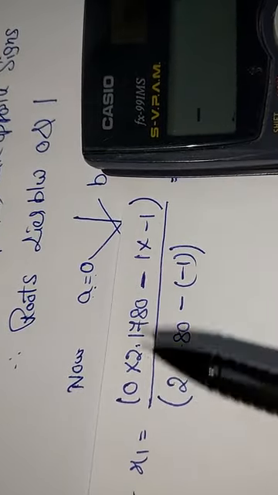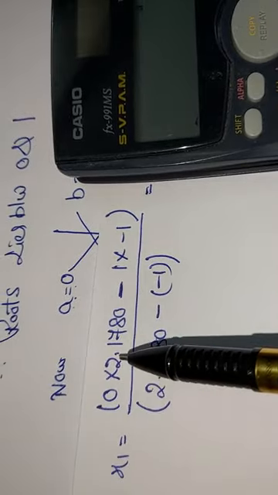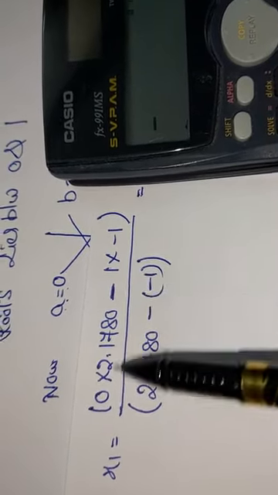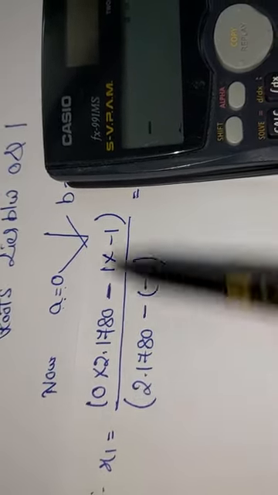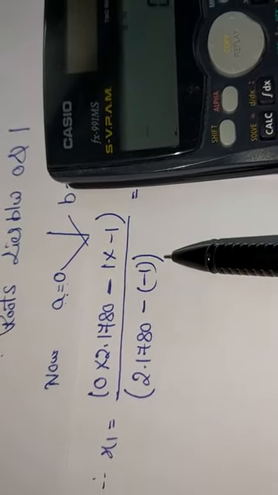Whenever you calculate this type of fraction, you don't put brackets inside. You can just put one bracket for the numerator and one bracket for the denominator.